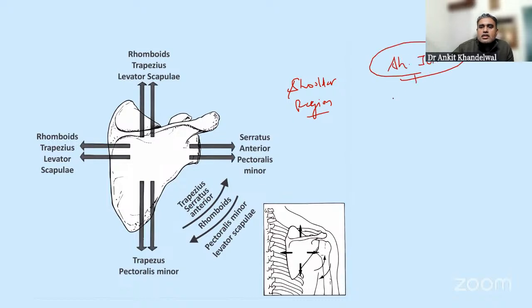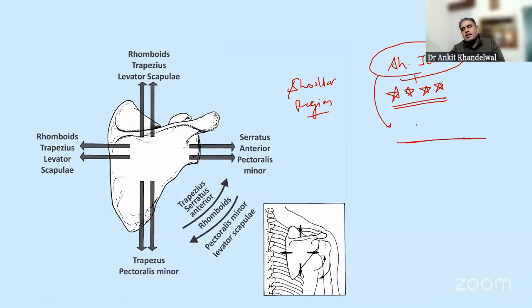I would advise you, it is the most important joint being asked with 4 stars. Go through the entire video on the shoulder joint, understand it. What are the bones involved, the ligaments involved, the movements, the muscles, all those involved in the shoulder joint. Very, very important. Whenever a question of a joint comes, you have to write a few subtopics of the joint.